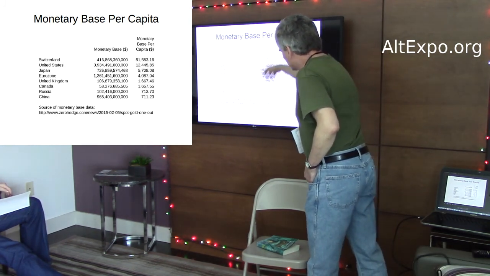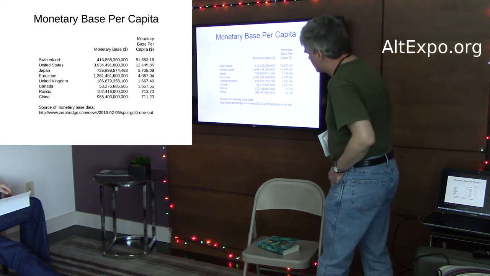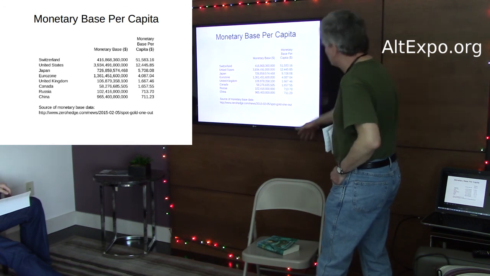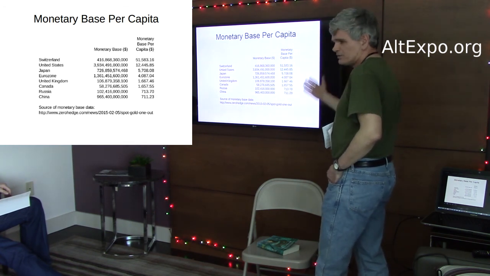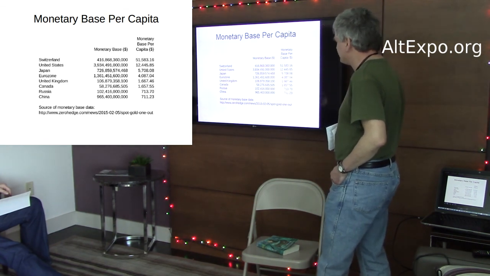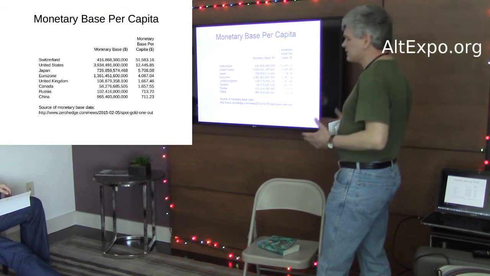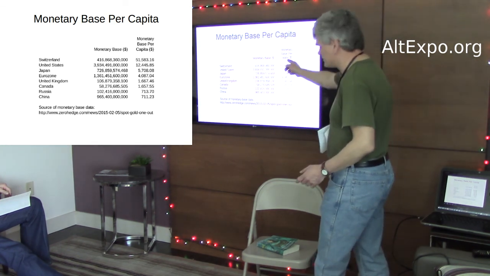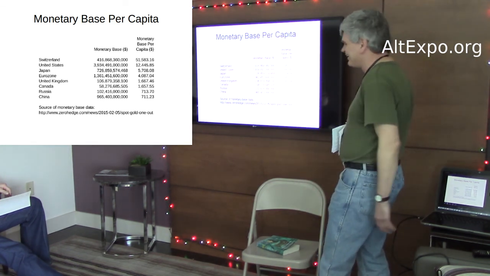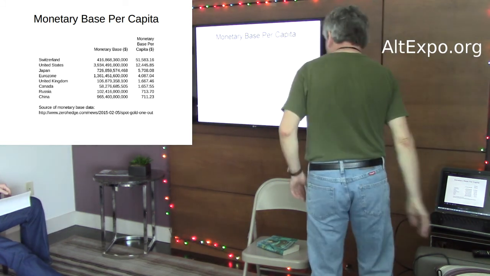And you can see that just on an absolute scale, our monetary base is, I believe, more than all the others combined. But even on a per capita basis, I always like to express things on a per capita basis. What you could say is that on a per capita basis, we are the second best magicians around, behind Switzerland. But anyway, I think that speaks for itself.